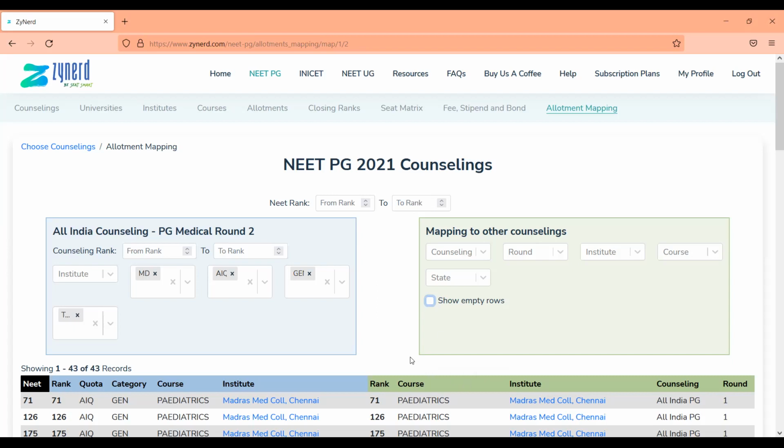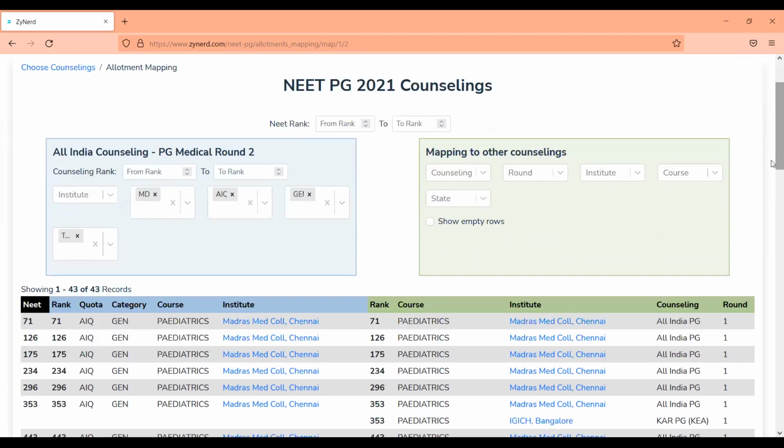This information will help, but this does not reflect the exact decisions of candidates as far as joining a seat or not is concerned. So especially when you're deriving state round 2 possibilities out of this tool, this is just to help you get the data easily and not to predict, nor direct information for you to take decisions.